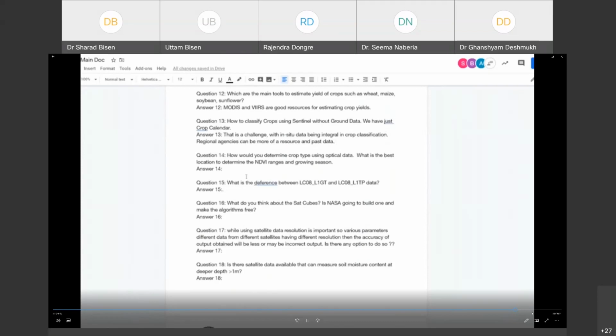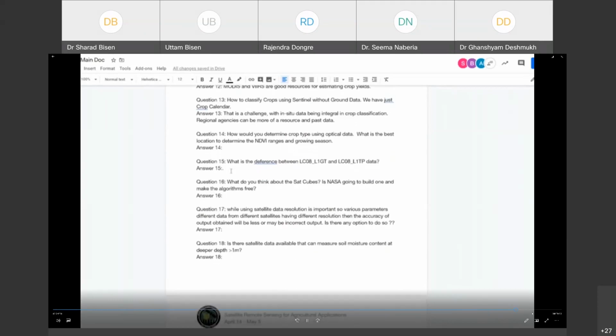So question 14, how would you determine crop type using optical data? What is the best location to determine the NDVI ranges in growing season? There's different ways of going about it. There's different derivatives that you can derive from optical data, and some of those are growing degree days.